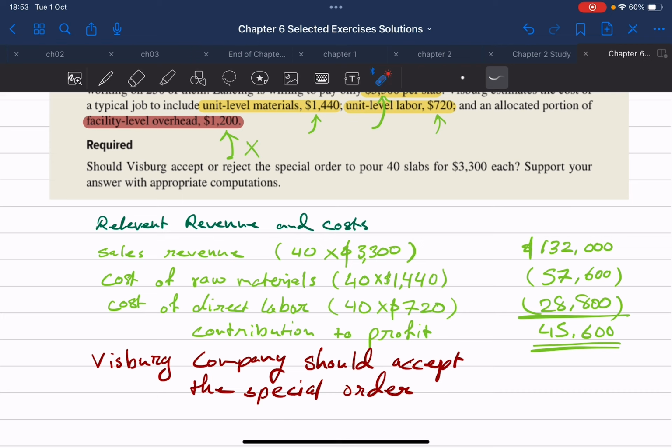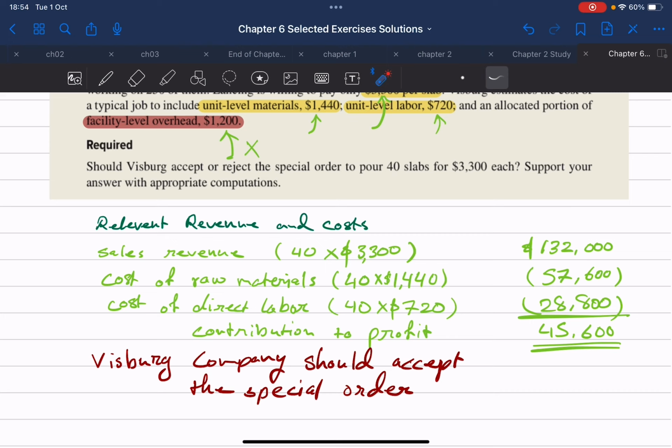That's not of our business as accountants. We just need to run the numbers and see mathematically, is it positive for the company to accept that offer, or is it negative? And then the management might have other qualitative considerations that they might actually reject that special order based on.